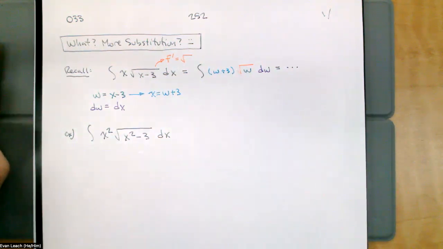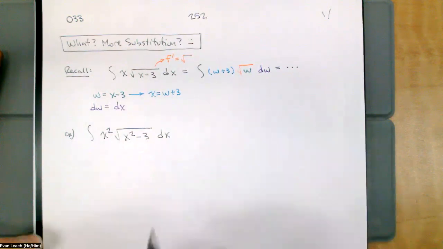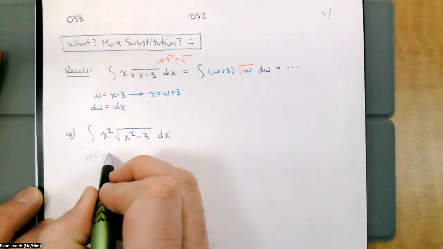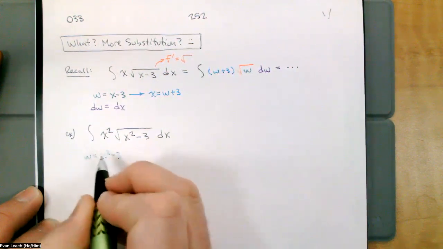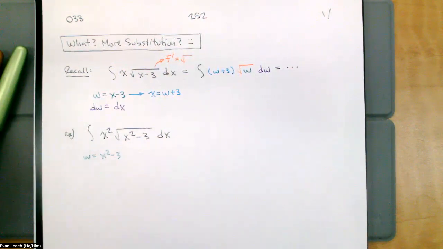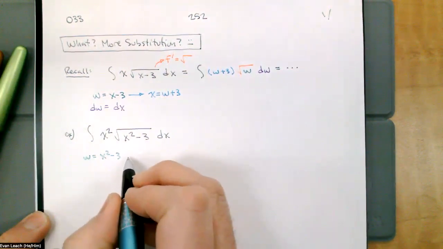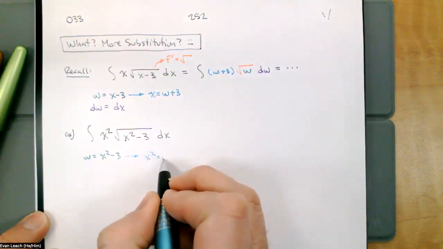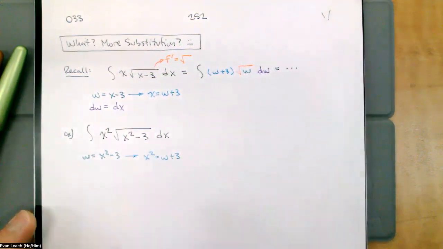So it seems that we should be able to make the substitution w equals x squared minus 3 and rewrite that to say x squared is equal to w plus 3. And then the question was, why isn't this going to work? Why can we not do that in this scenario?